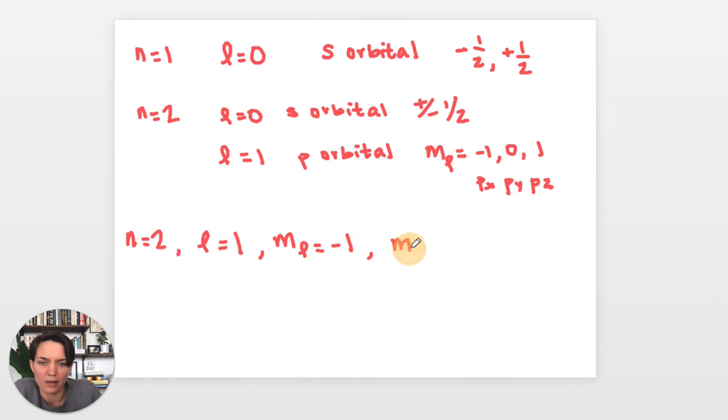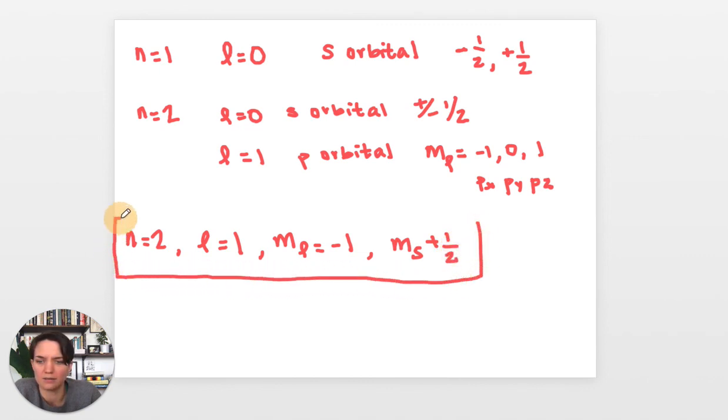So I would have m sub s values of either positive 1/2 or negative 1/2. I'll say positive 1/2. This would be this electron's concert ticket. No other electron can occupy that zone at the same moment in time. There's a lot of practice with this in your recitation packet. I highly recommend that you work through a few of the problems and get your feet under you.